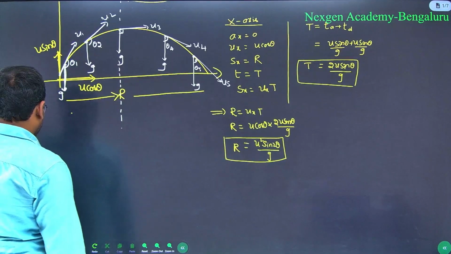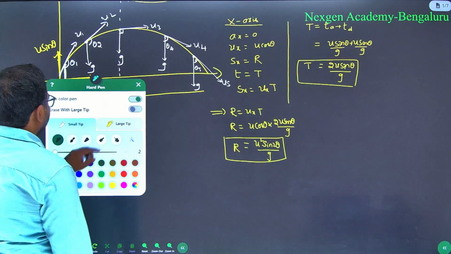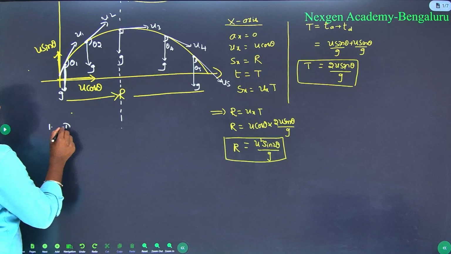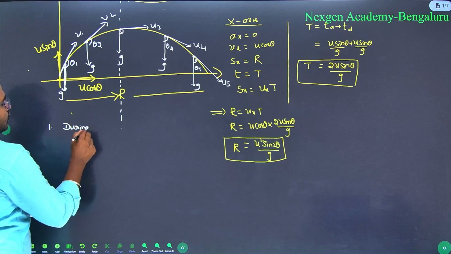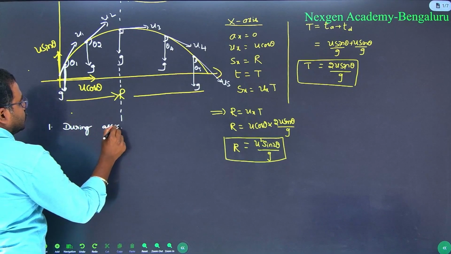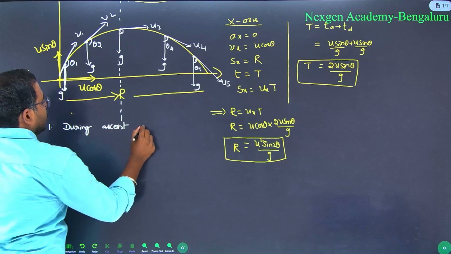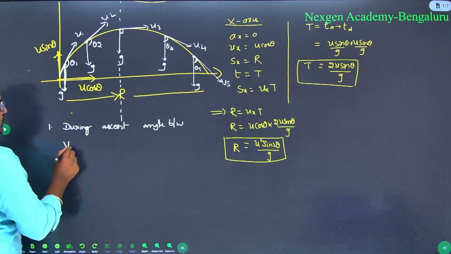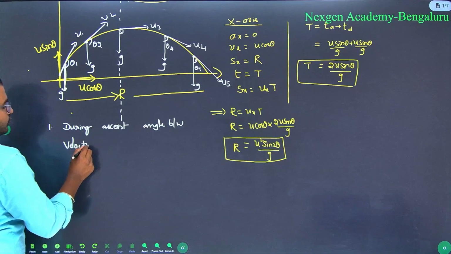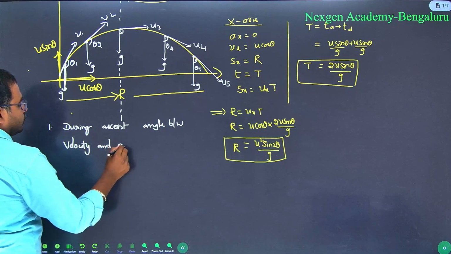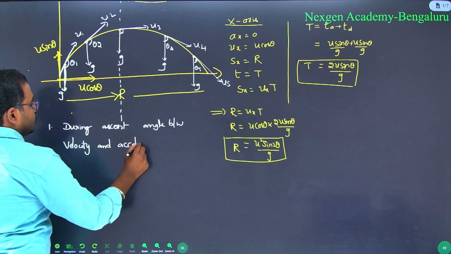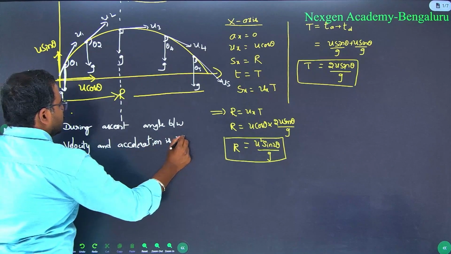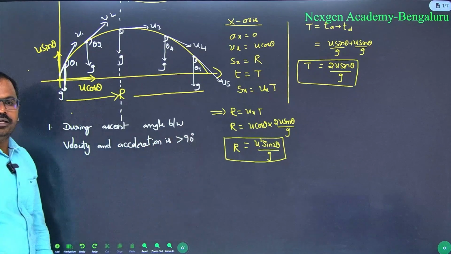The first one is, during ascent, the angle between velocity and acceleration is greater than 90 degrees.